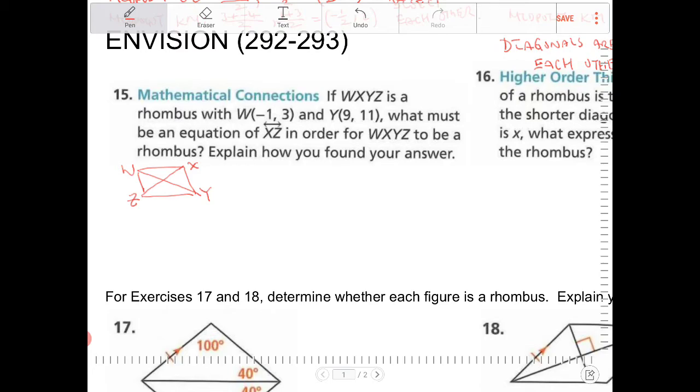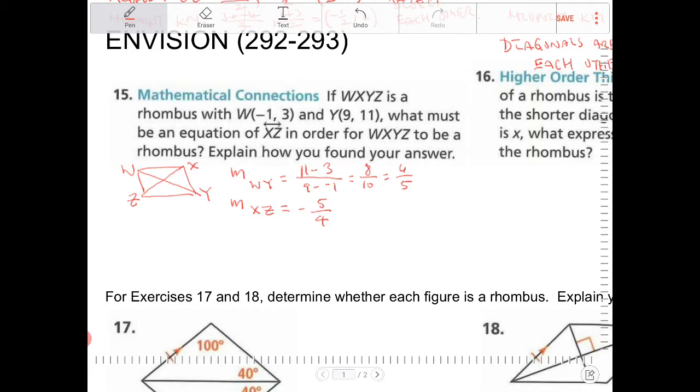Well, to do that, we're going to find out what the slope is for WY. The slope of WY is equal to 11 minus 3 over 9 minus negative 1, and that is 8 tenths or 4/5. So the slope of XZ will be the negative reciprocal of that, because this is a rhombus after all, so this is negative 5/4.